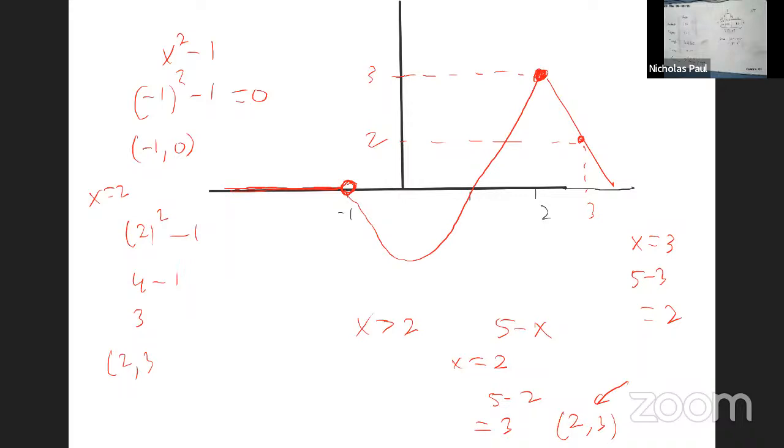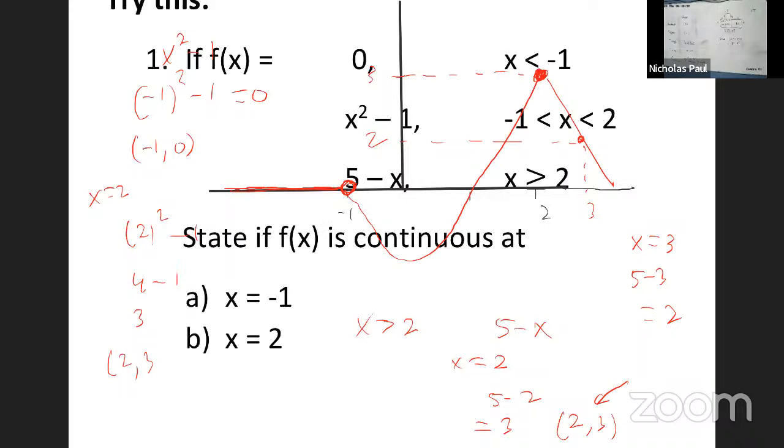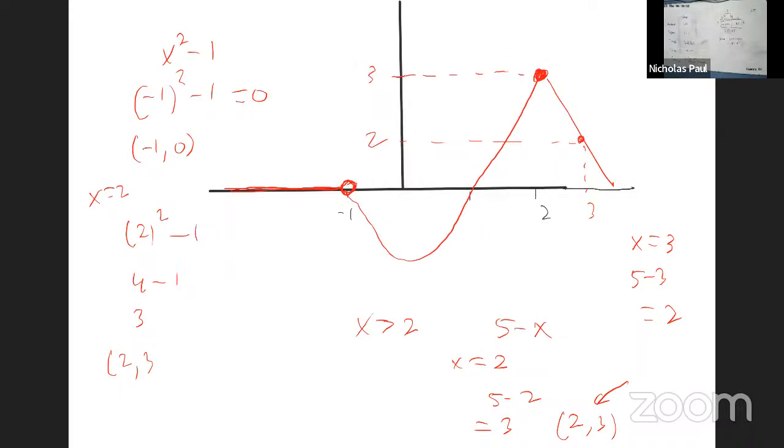Right now, answer the questions. Is it continuous at x is minus 1 and x is 2? Those who are online, just message yes, no, or no, yes, or whatever. Anybody online have questions on the graph? You can take a picture and send me yours.